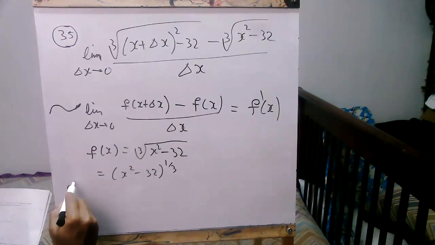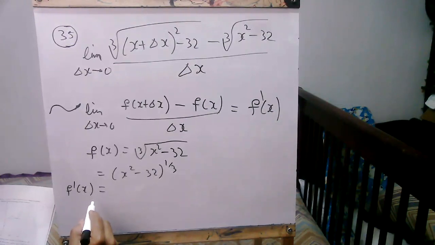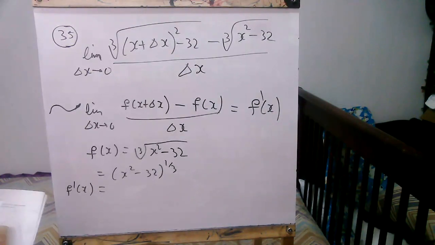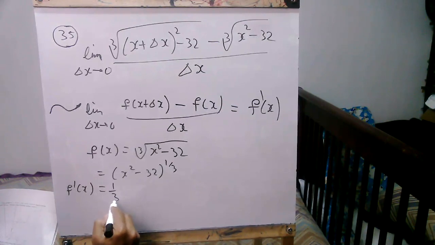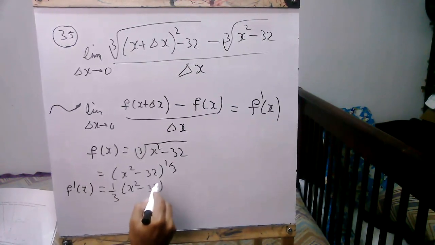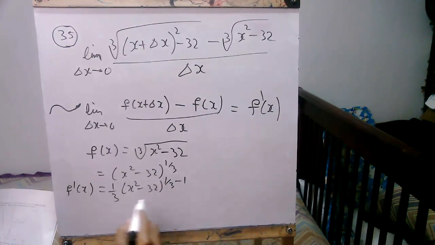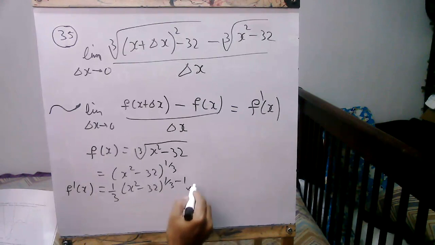Then f dash x is equal to 1/3 times (x squared minus 32) to the power 1/3 minus 1, times the internal derivative, 2x.